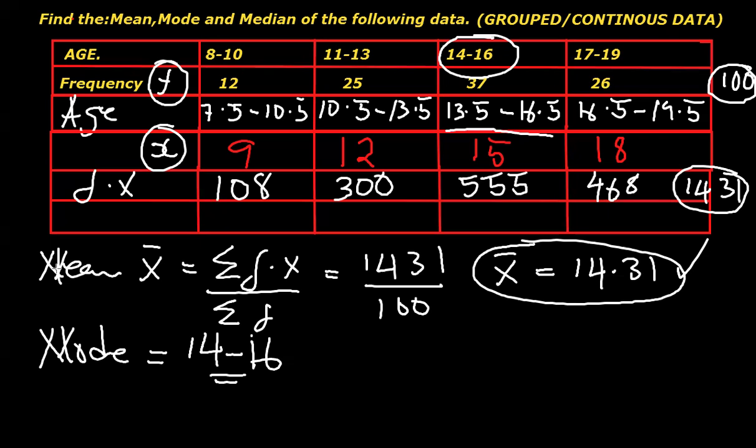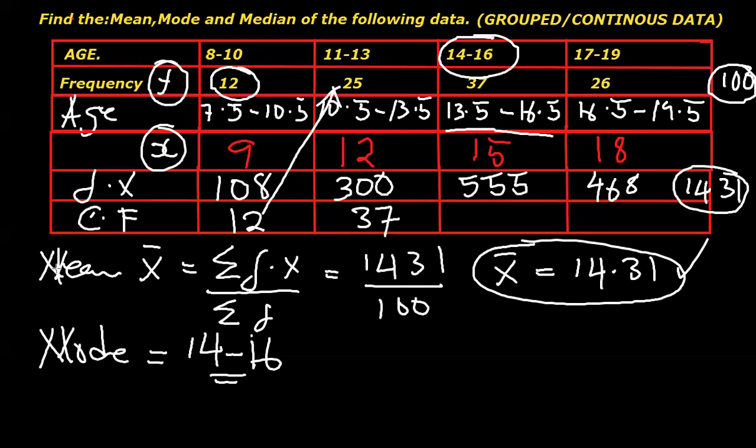So median. To get the median, we need to get what is called the cumulative frequency. I'm going to cumulate the frequency. It means adding up the frequencies, starting with 12. So 12 there. Then 12 plus the frequency in the next group, 25, is going to give us 37.